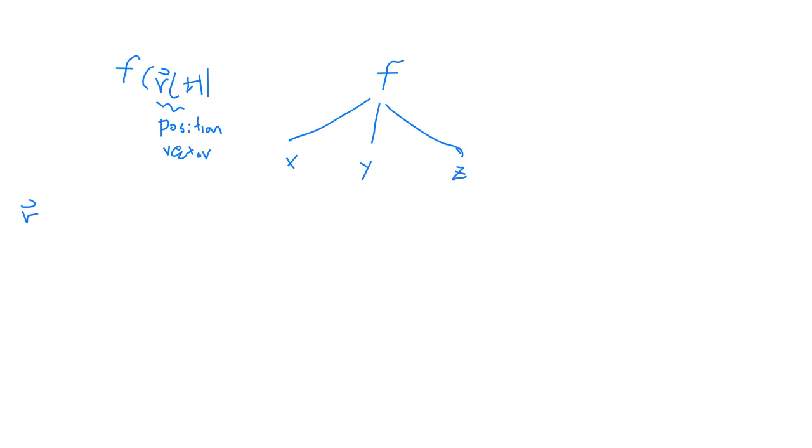I mean, r of t is equal to, has components f of t, g of t, and h of t, right? That's your x, y, and z.